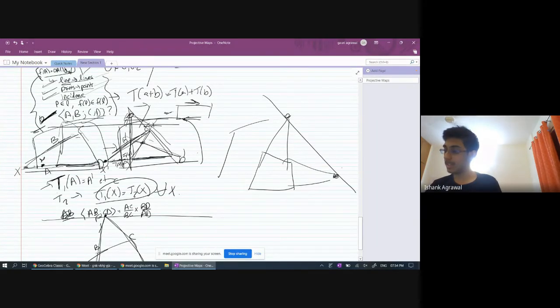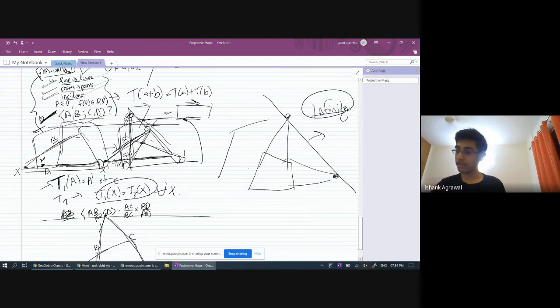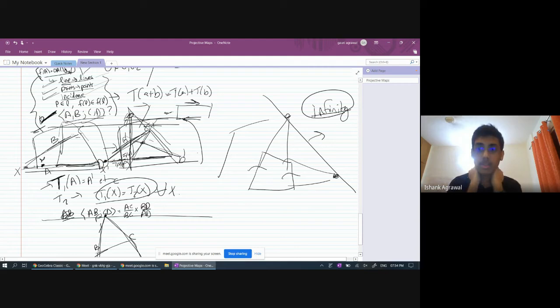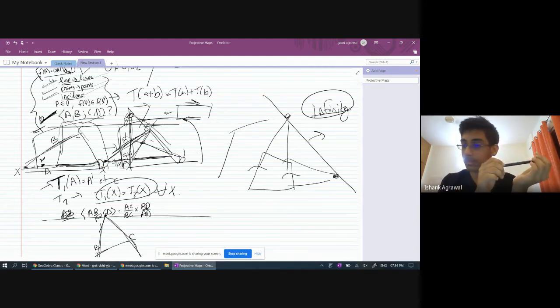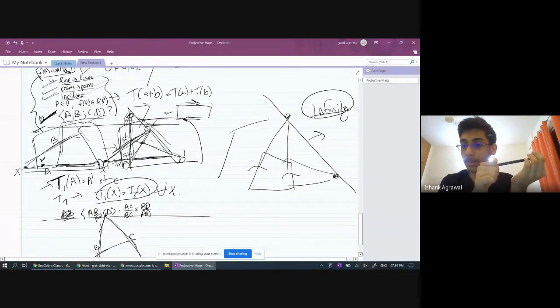And so what we'll basically do is we'll send this line to infinity. Okay, so the second we send this line to infinity, what happens to these two lines? Parallel. Does everybody understand why they would become parallel?